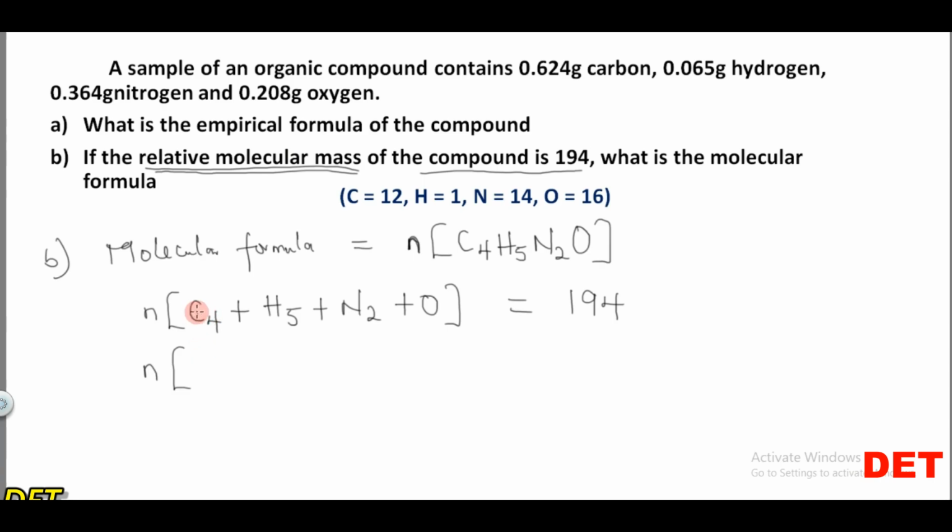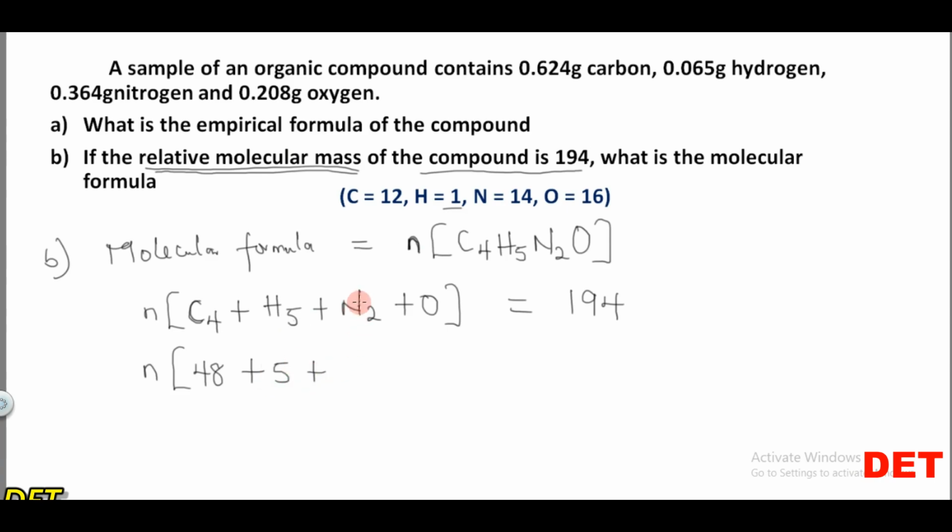So this will be n open bracket. The relative atomic mass of carbon is 12, so 12 times 4 will give me 48. Plus the relative atomic mass of hydrogen is 1, so 1 times 5 will give me 5.